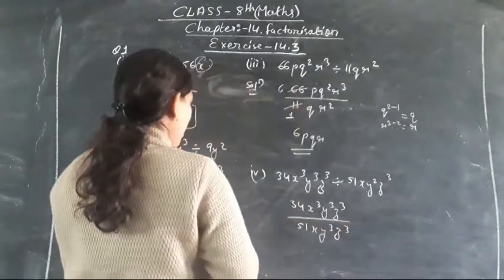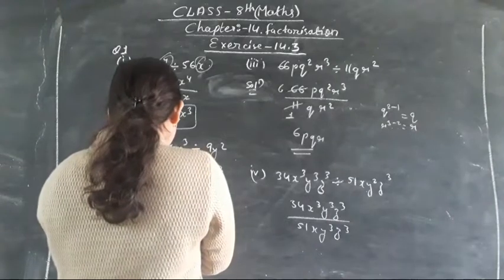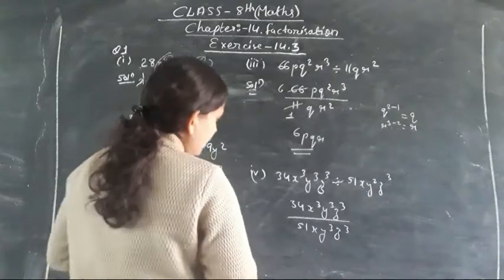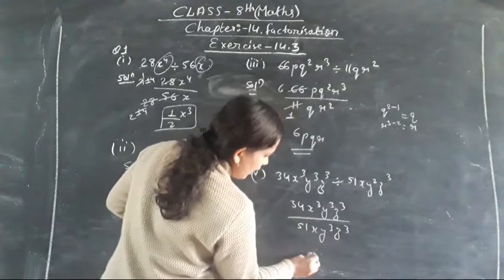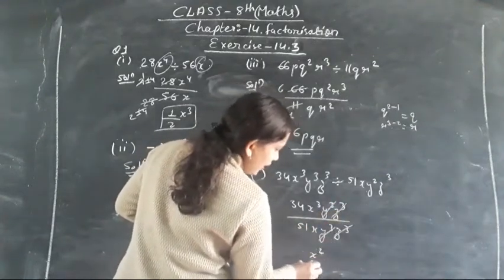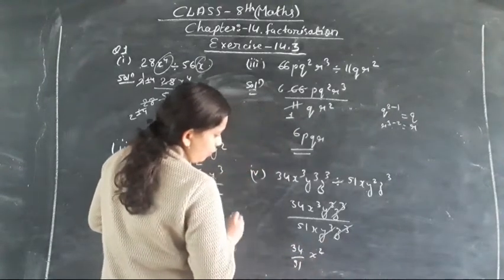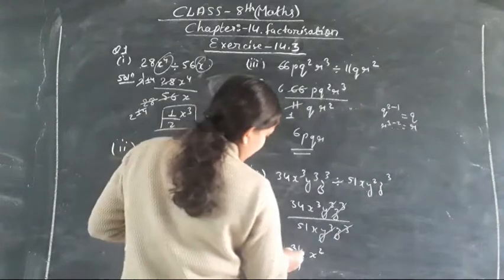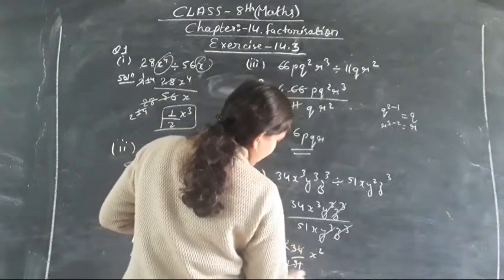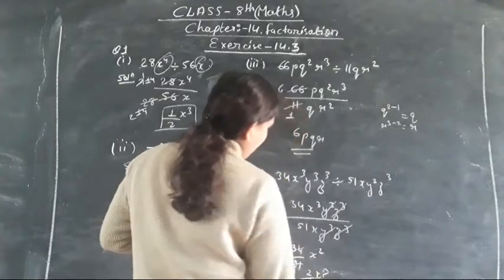Here you can see the variables: x cube by x, so x square is there. Y cube z cube will get cancelled. Next number is 34 upon 51. So 34 upon 51 will get cancelled by the table of 17. 2 upon 3x square will be the required answer.